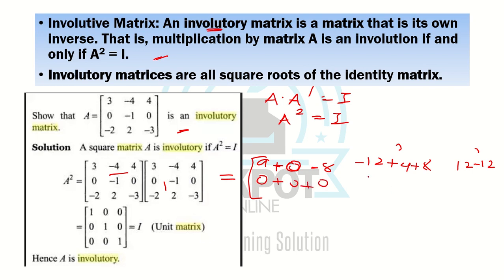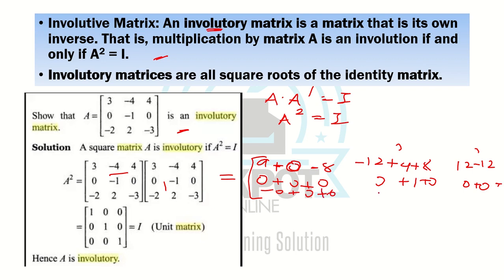Then you have 0 plus 1 plus 0. Then you have 0 plus 0 plus 0. Then you have minus 6 plus 0 plus 6.